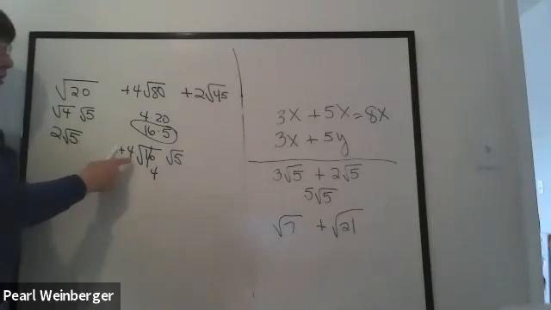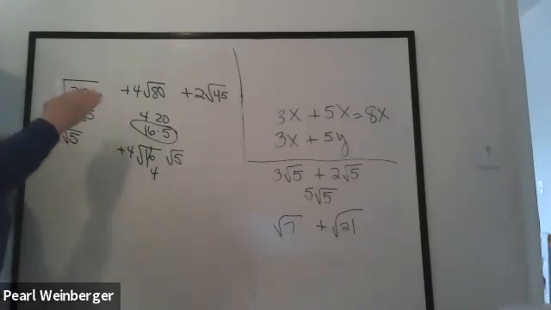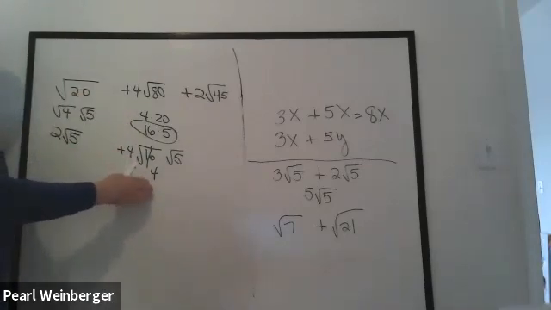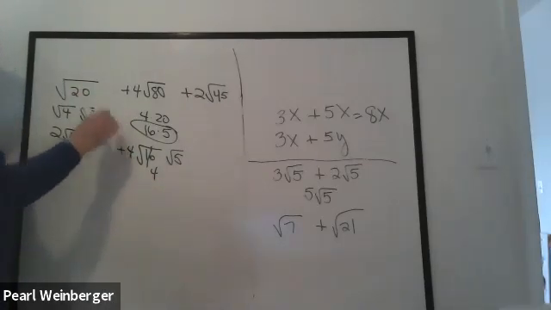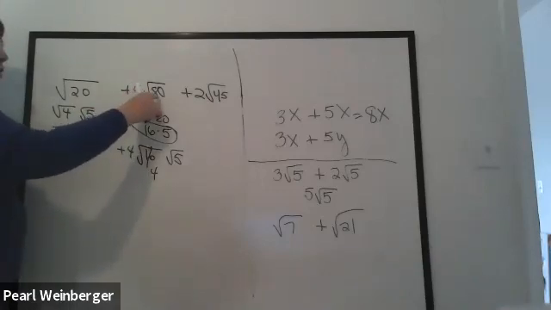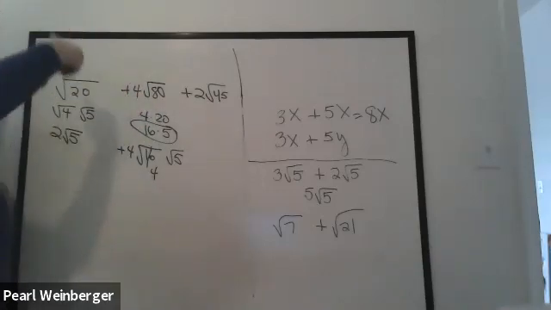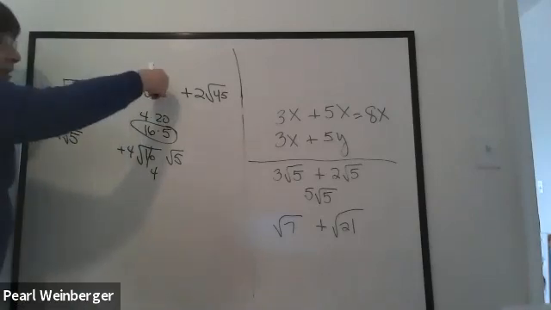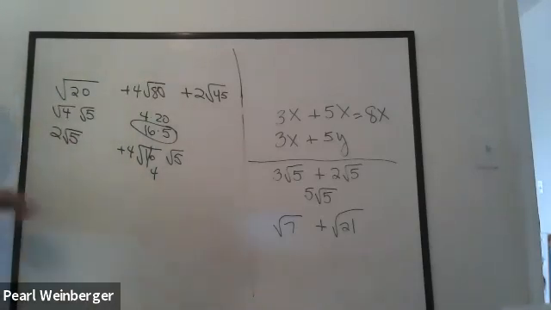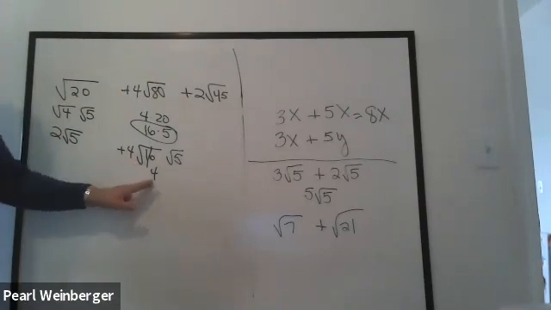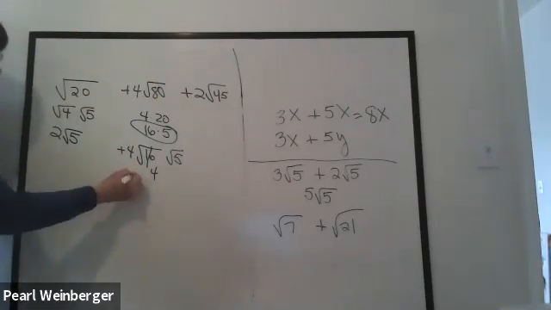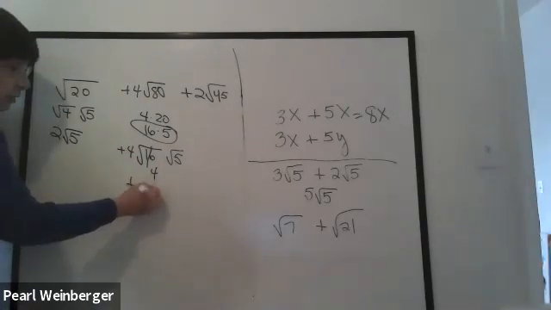So I can multiply this 4 times this 4, because as long as they're both outside the radicals, you can multiply them. I can't multiply the 4 times the 80 because the 4 is outside the radical, and the 80 is inside the radical. But I can multiply this 4 by this 4 because they're both outside the radical. So this will give me plus 16 radical 5.